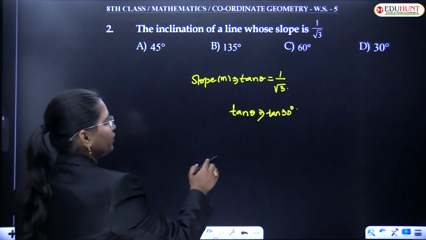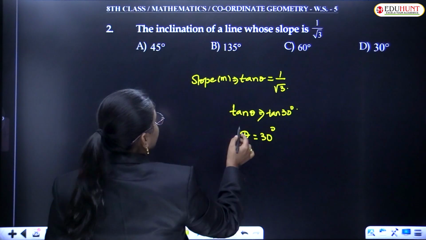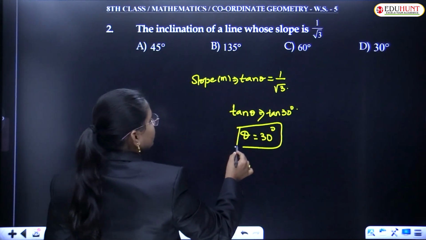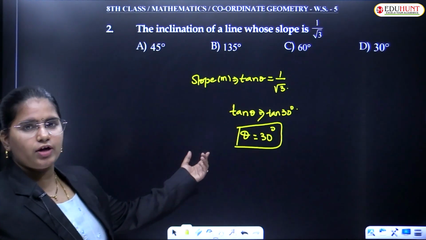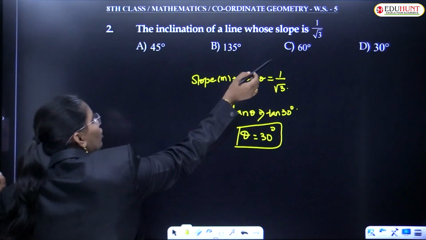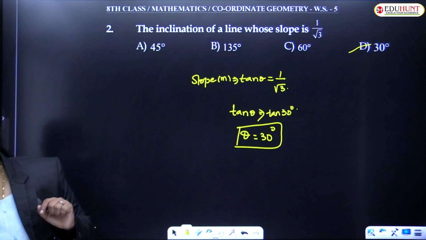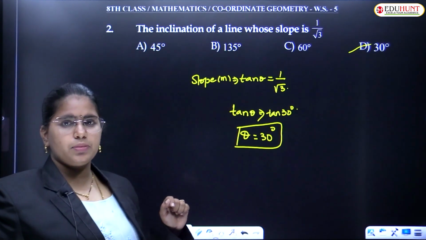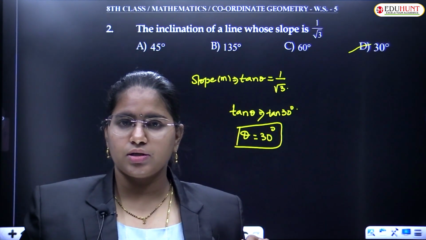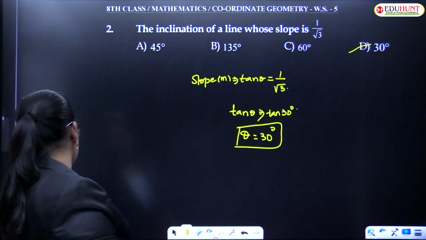So what is the value of theta? Theta is equal to 30 degrees. Theta is defined as inclination. Inclination is 30 degrees, which is option D. Am I clear with the second question? Please look into it. Done? So we'll get to the next question.